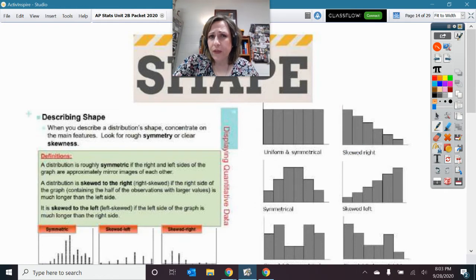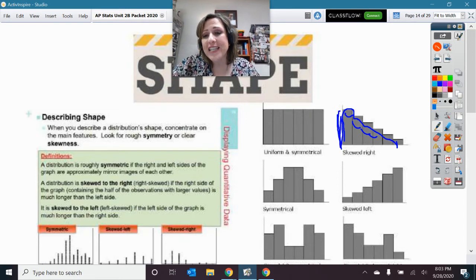Another thing that might help you is to imagine standing and looking down at your feet. Imagine this being your big toe and then you have your little toe. If you were looking down, that is your right foot. So skewed right is looking down at your right foot.